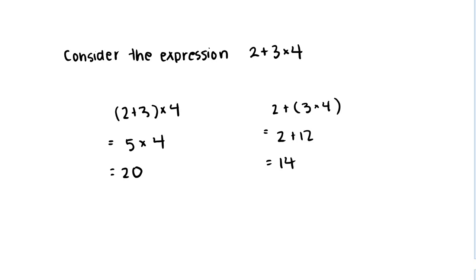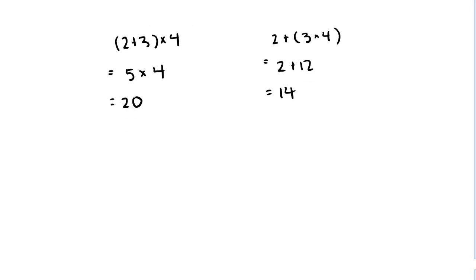And again, we get different results, which we don't want, right? We don't want to look at one expression and have one group of people compute it one way and another group of people compute it a different way, right? So we all have to agree on something as to what this expression really is telling us to do. And so what we've agreed upon is that we will perform multiplication and division before addition and subtraction when we're looking at an expression.